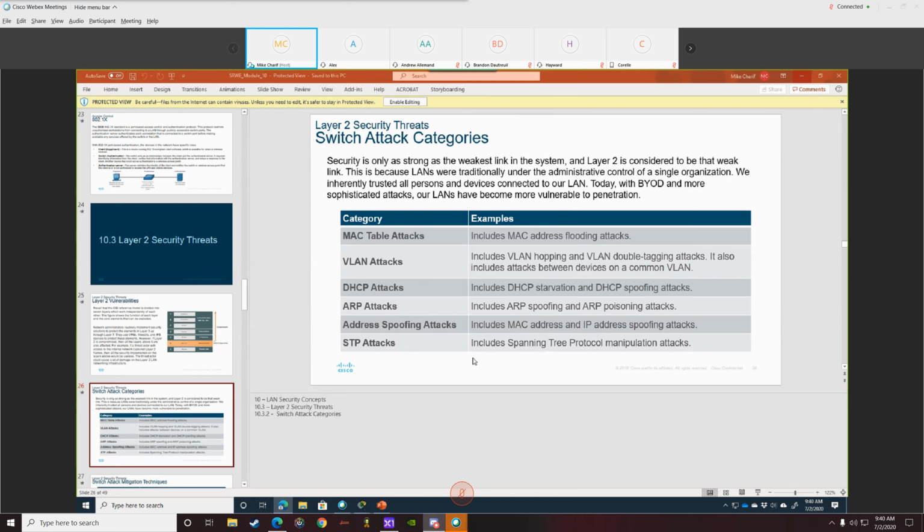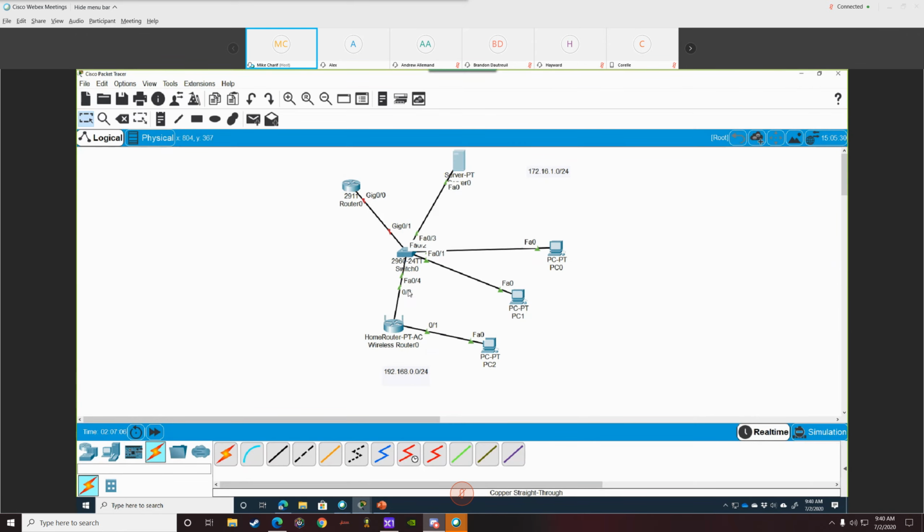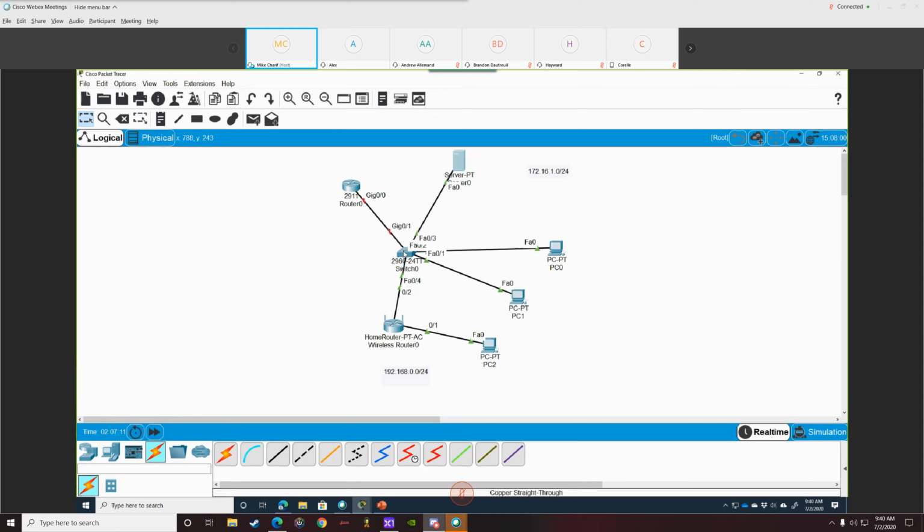For example, you can select any ports right here and say they can only learn, let's say, 2 MAC addresses or 5 MAC addresses.